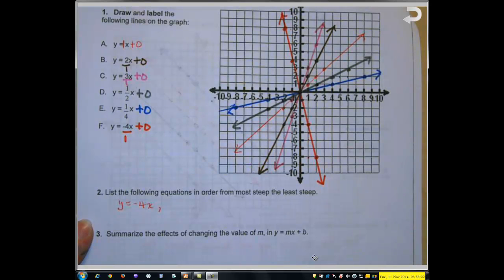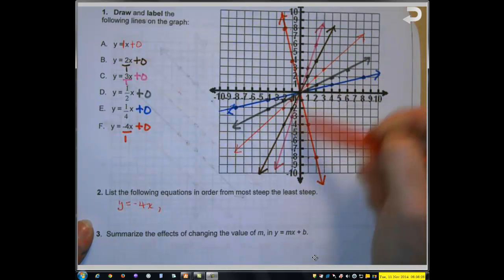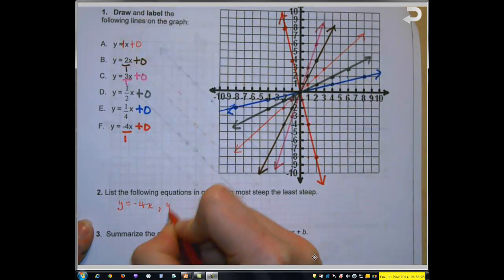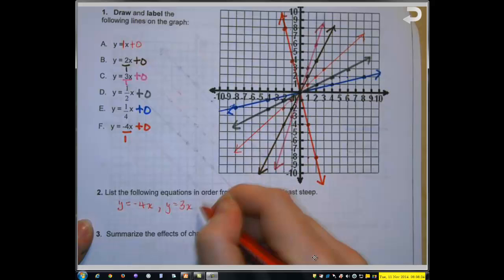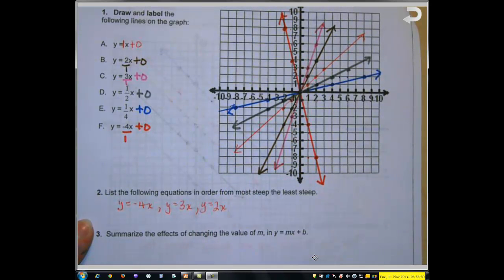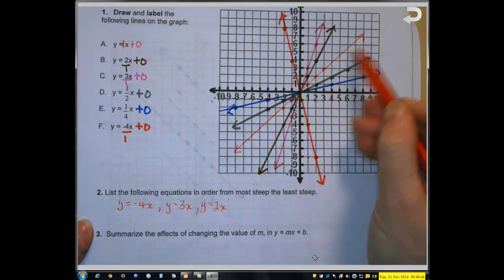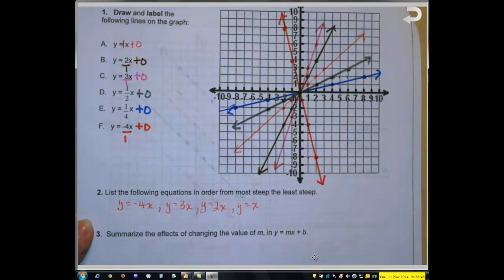And then our next is going to be y equals 3x. And then our next one will be y equals 2x. And then our next one is our parent function, y equals x.